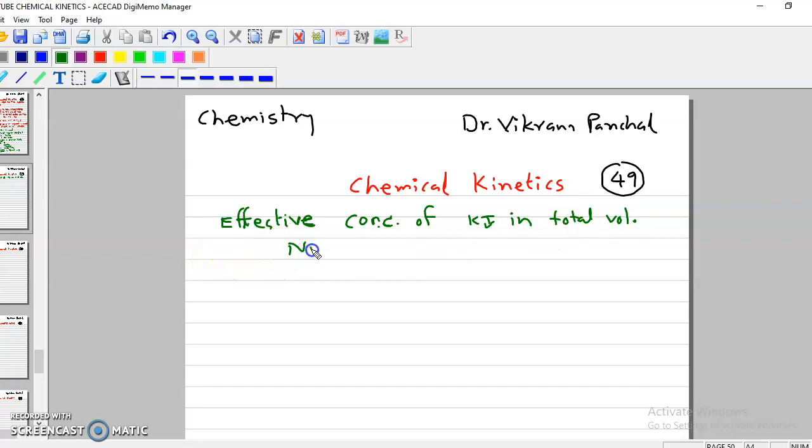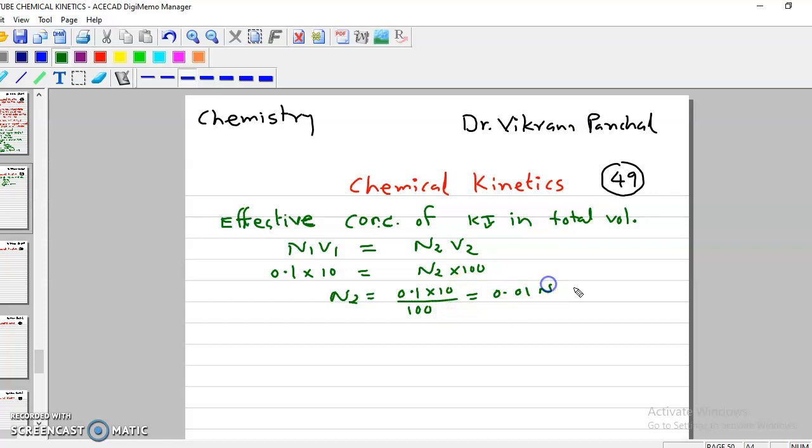So here we write N1V1 is equal to N2V2. So 0.1 normal KI, 10 ml of KI. Now total volume is 100. Therefore, N2 will be the effective concentration, which is equal to 0.1 into 10 upon 100, which is equal to 0.01 normal KI.